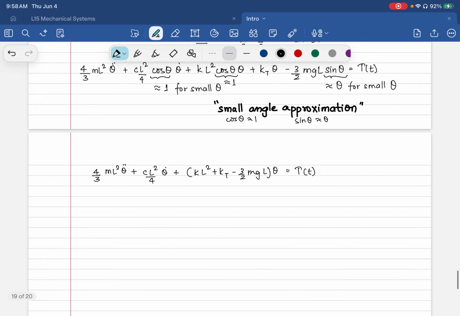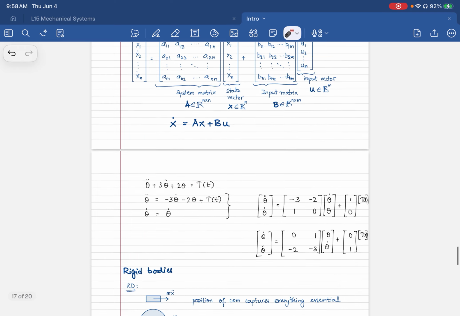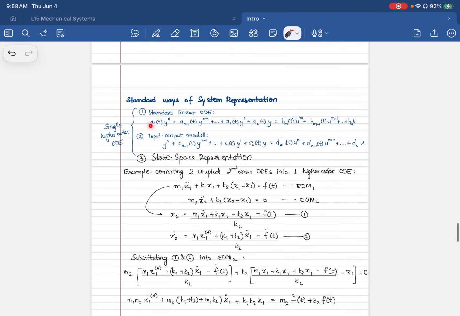This now is in the linear ODE form, which means this here is your first coefficient, a2 of t, which happens to be a constant that's not changing with time. This here is a1 of t, and this here is a0. The variable theta double dot is essentially y double dot, this here is y dash, and this here is y. This is your input u. So I've now written it in the standard linear ODE form, which is what we have defined over here.